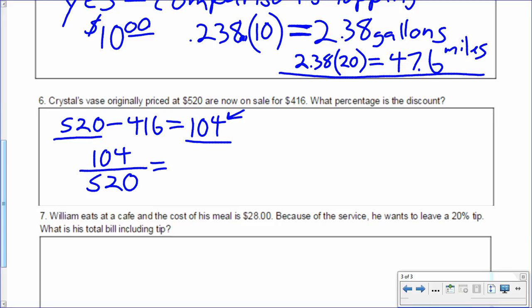So when we divide 104 by 520, we come up with 0.20. You can add your 0 if you like. It's really 0.2, 0.20, any way you like it. Now, we know how to convert these to percents, right? We move our decimal 2 places to the right. So 20% is our discount. 20%.